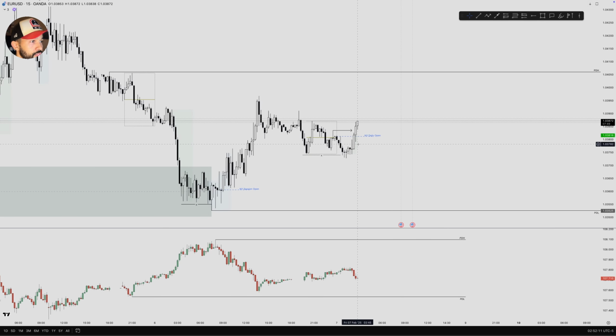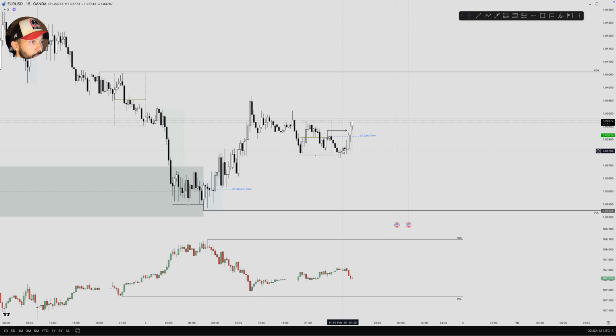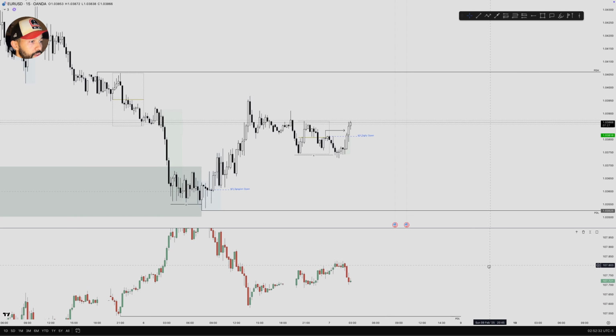I would have loved to have seen an M15 order block with imbalance, right, a nice clear one. Of course we have an array here, and that could hold as possible support when price revisits, if it revisits, okay, but I would have liked to see a more clear and traditional order block, right?